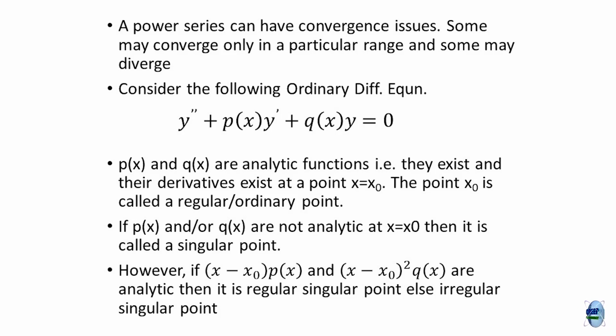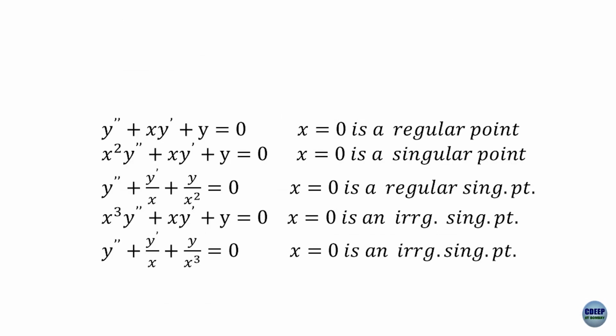Now, if you've got an ordinary point, then you can get a solution. If you've got a singular point, then you get a solution if it is a regular singular point. If it is an irregular singular point, then a solution does not necessarily exist. We are not going to be worrying about irregular singular points. We are not even going to be worrying too much about regular singular points, and we'll see why. But we first try to understand what is this regular singular point and irregular singular point.